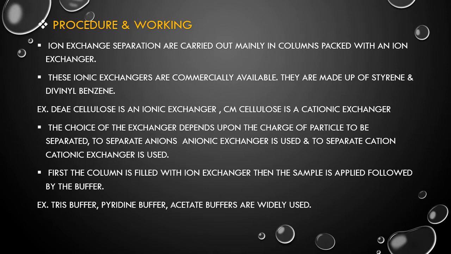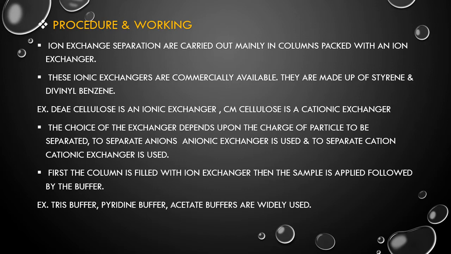So according to small or large biomolecules, the stationary phase changes according to their size. Then the choice of the exchanger depends on the charge of the particle to be separated: to separate anions, an anionic exchanger is used, and to separate cations, a cationic exchanger is used.